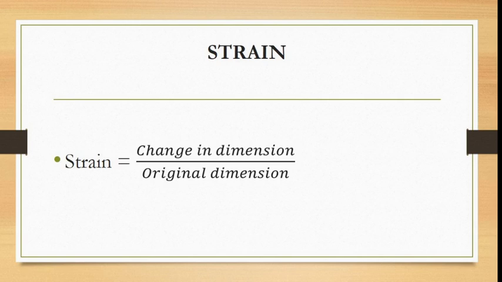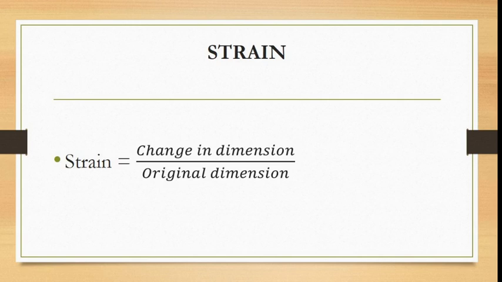Now we are going to study the different types of strain. Since there are three types of stresses, there are three types of strains also. And strain is a dimensionless or unitless quantity.